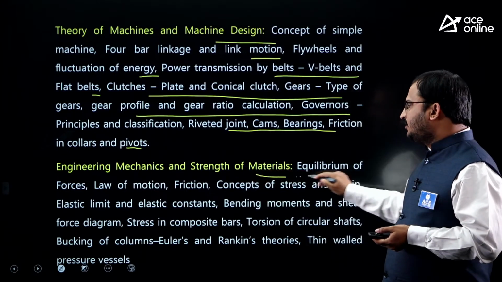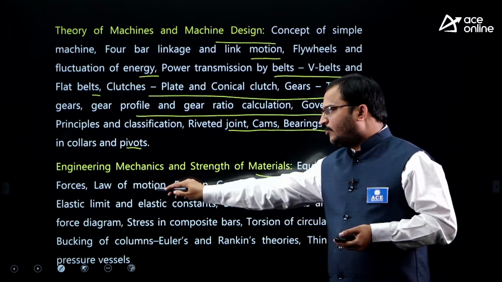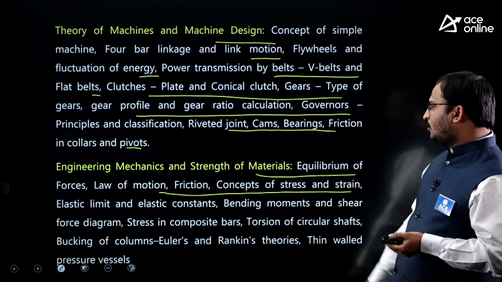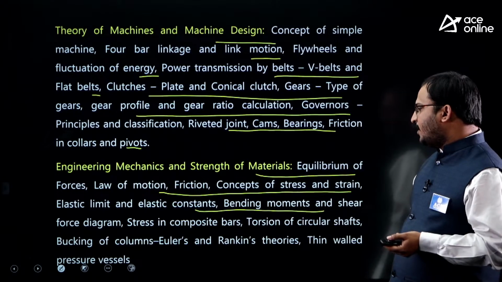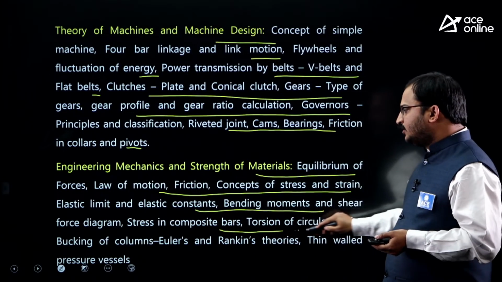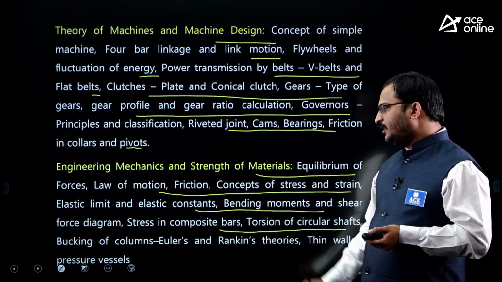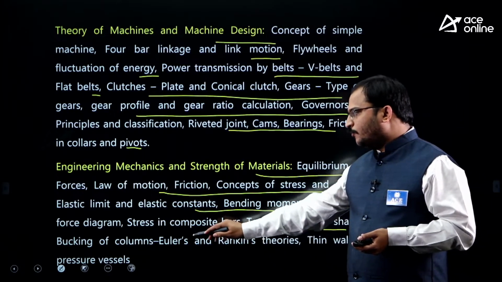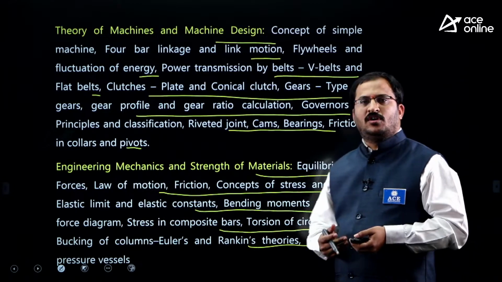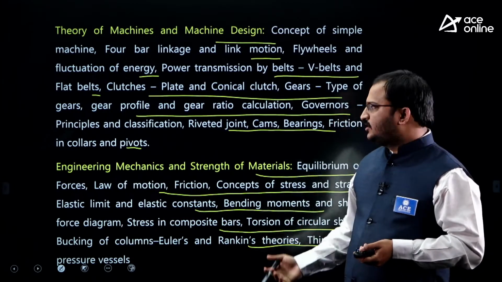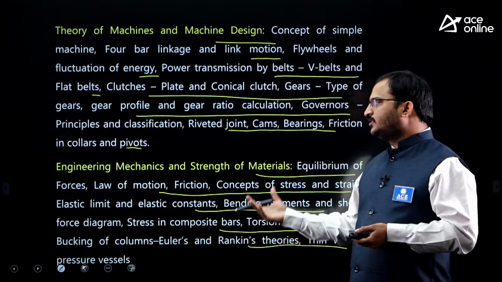Okay, engineering mechanics and strength of materials, you have equilibrium of forces, law of motion, friction, concept of stress and strain, elastic limit and elastic constants, bending moments and shear force diagram, stress in composite bars, torsion in circular shafts, buckling of columns, Euler's and Rankine's theories, thin walled pressure vessels. So thin shells or thin walled pressure vessels is also there.